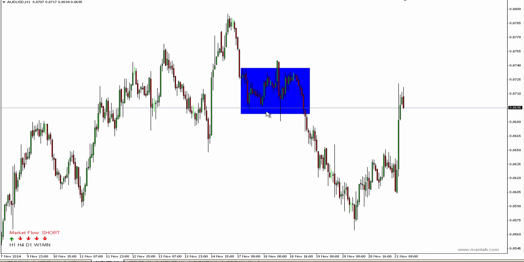So as you can see, this Quasimodo formation pattern, just an incredible trade. A short right over here at the previous high or lower high, and a nice drop. Great trade.